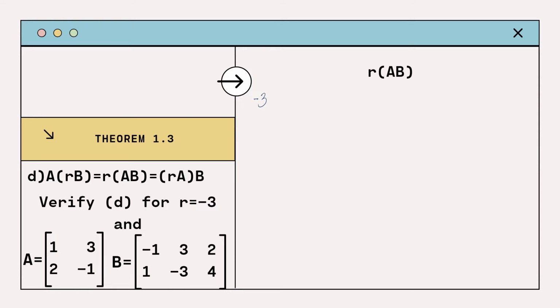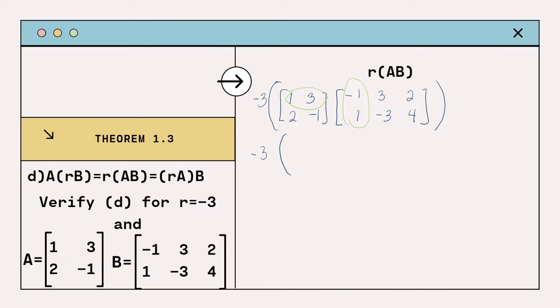Our scalar, -3, times our A, [1, 3; 2, -1], times [-1, 3, 2; 1, -3, 4]. Row times the column: -1 plus 3, 3 plus -9, 2 plus 12.